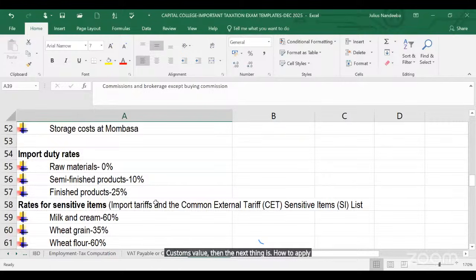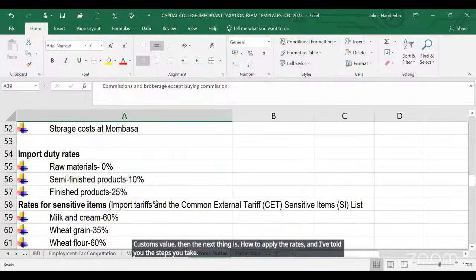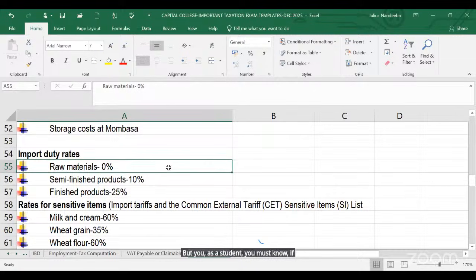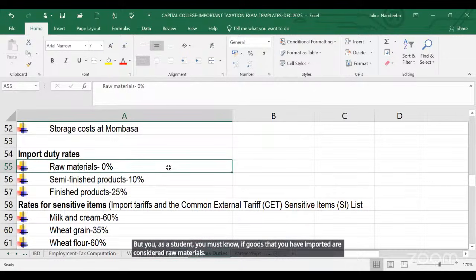And I've told you the steps you take to apply the rates. Which ones are the common rates? On import duty, import duty can range from 0 to 100%. But the examiner is going to tell you which rate is applicable. But you as a student, you must know if goods that you have imported are considered raw materials, the rate is 0%.